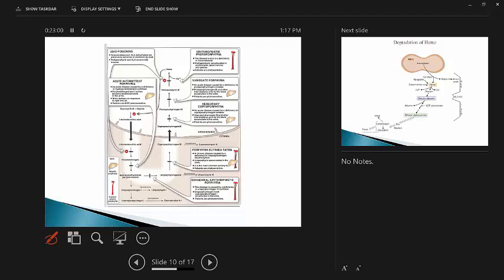Where do you make red cells? Bone marrow. So the schematic has a scheme here. Hepatic porphyrias are from liver, so this one's a hepatic one. Erythropoietic porphyrias, like this one, are from the bone marrow. And then there's this one, which is both liver and that. Is that making sense to people?